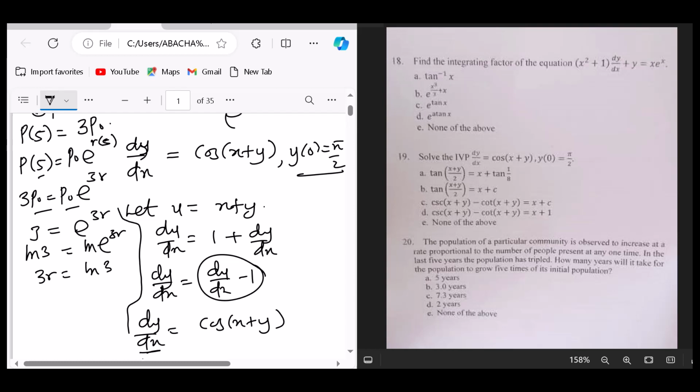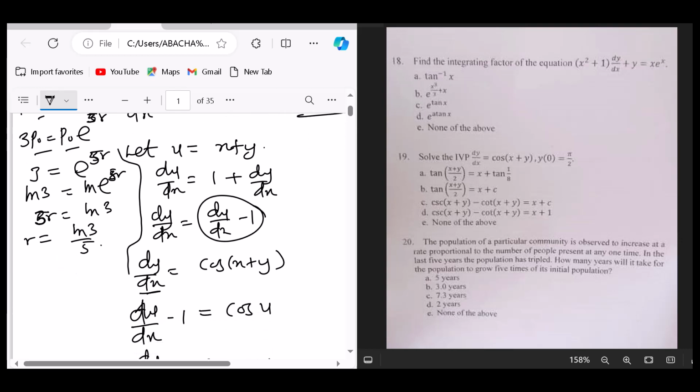Sorry, is it 3r? 5, yes, 5, sorry, because the time was 5. So 5r equals ln 3, and r is equal to ln 3 over 5, like this. So it means our model, our P of t, will just be equal to P naught e power ln 3 over 5 times t.